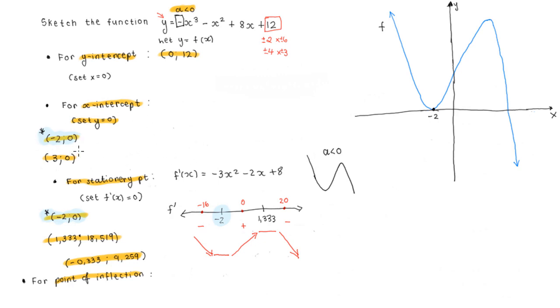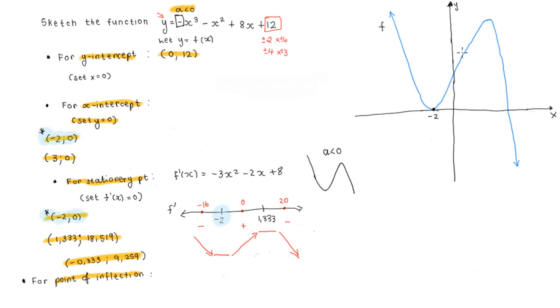So for me, what I do is I put stars next to it. So I know when I'm looking at this x coordinate of -2, 0, there's something special about it, and that helps me to remember that if it's an x-intercept and a stationary point, I'm not going to go through the graph at x is equals to -2, but rather I'm going to bounce.